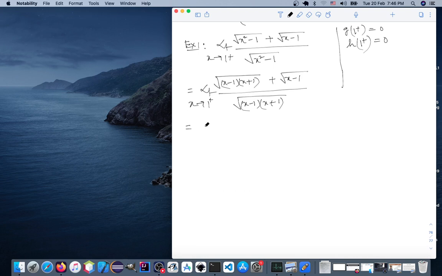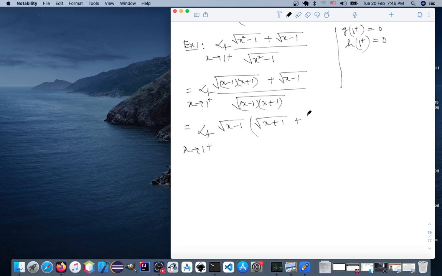So this becomes the limit as x tends to 1 positive of root over x minus 1 multiplied by root over x plus 1 plus root over, this becomes 1, and we have x plus 1 into x minus 1.